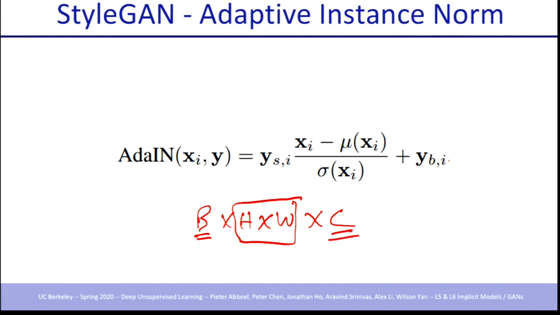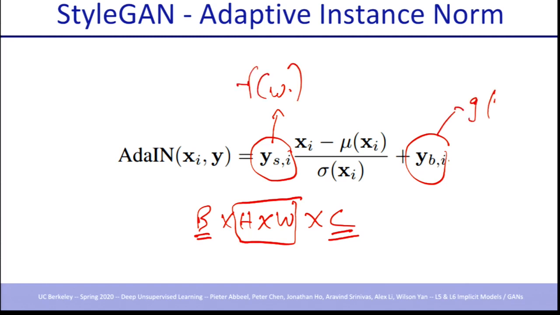You can actually look at the paper that proposed instance norm for style transfer. So the StyleGAN authors took instance norm and added affine transforms on top of that, just like how you saw in previous GAN architectures. Now these are a function of your W vector that's coming in at various levels. So this is some f of w, and this is some g of w. And this is done for every level. So this is called the adaptive instance normalization mechanism in StyleGAN.